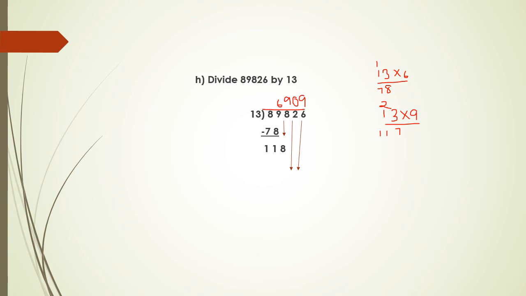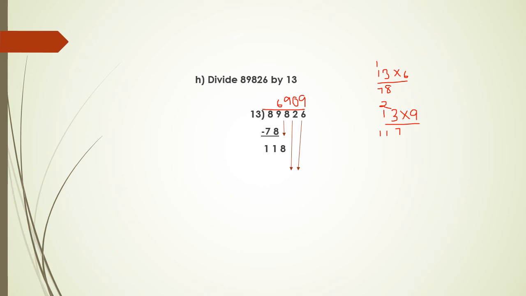So now we got 118. So now you have to divide 118 by 13. Now you have to multiply 13 times 9. So now you will get 9 times 3 is 27.